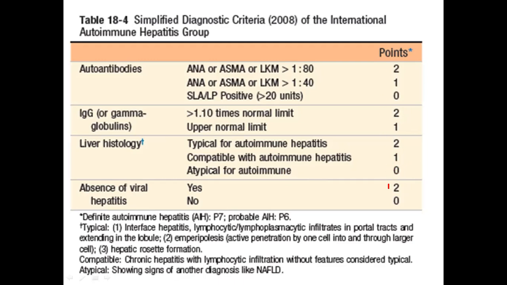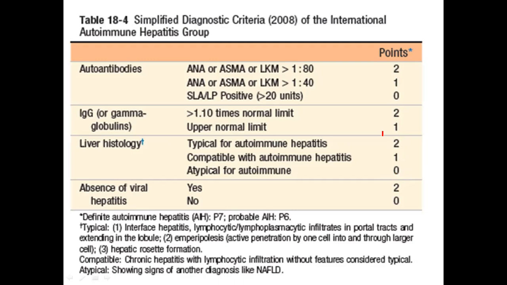Finally, we have to add all these scores. If the person has positive antibodies, LKM in larger quantities even in diluted serum, the score is 2; IgG is more than normal, 2; liver histology confirms this is typical for autoimmune hepatitis, 2; and the viral markers are negative, 2. So it becomes 2 plus 2 plus 2 plus 2, which is 8.